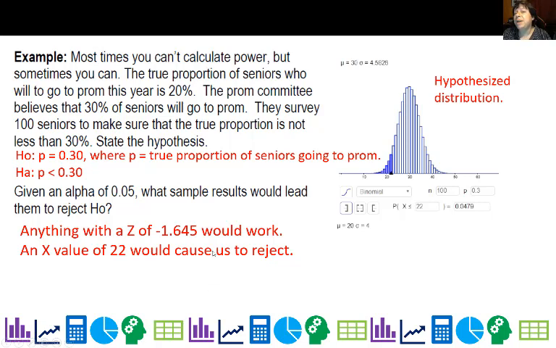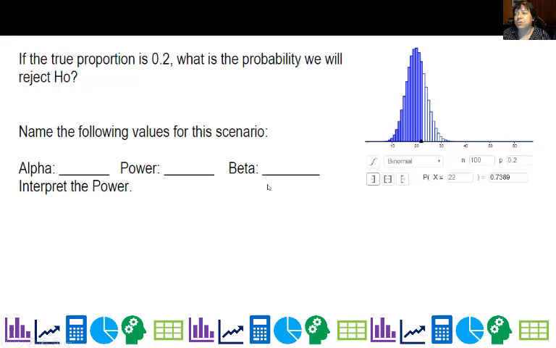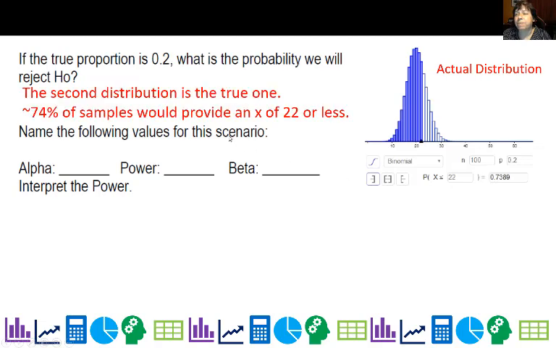Now, let's go to the actual distribution, the true distribution. So we know that we're going to reject if x is 22 or lower. So let's look at the true distribution and see what percentage of samples would give us a value of 22 or lower. Well, in this case, it's 73, almost 74%.